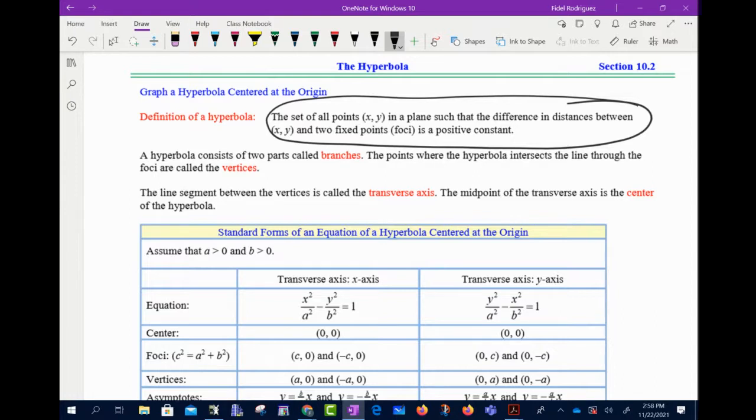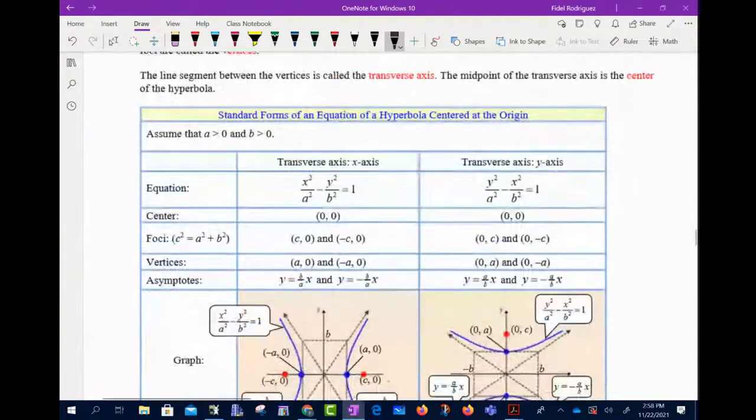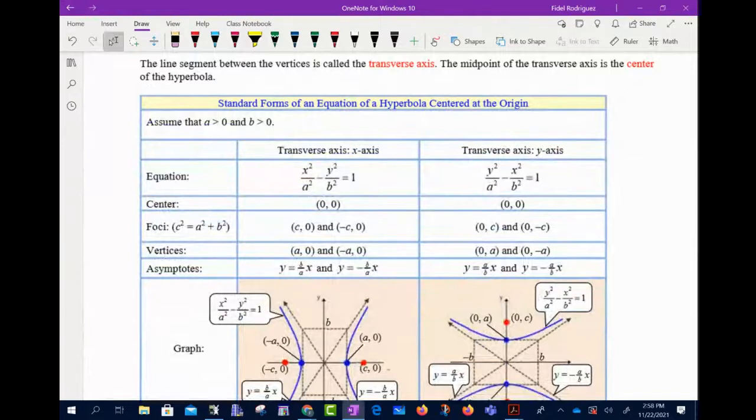Just like we did before, we're going to go through a problem where the center is at the origin, and then figure out what happens when the center isn't at the origin. Take a look at the equations where the transverse axis is the x-axis and where it is the y-axis. The only difference in the equation is that with an ellipse we had a plus in the middle, and now we have a minus.